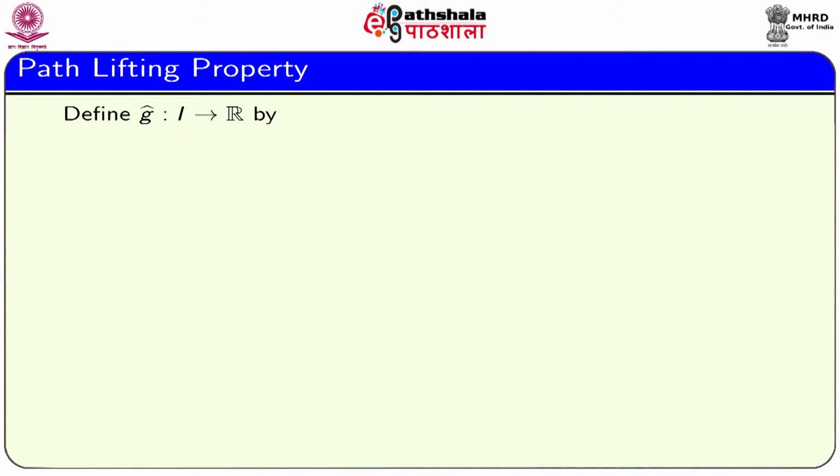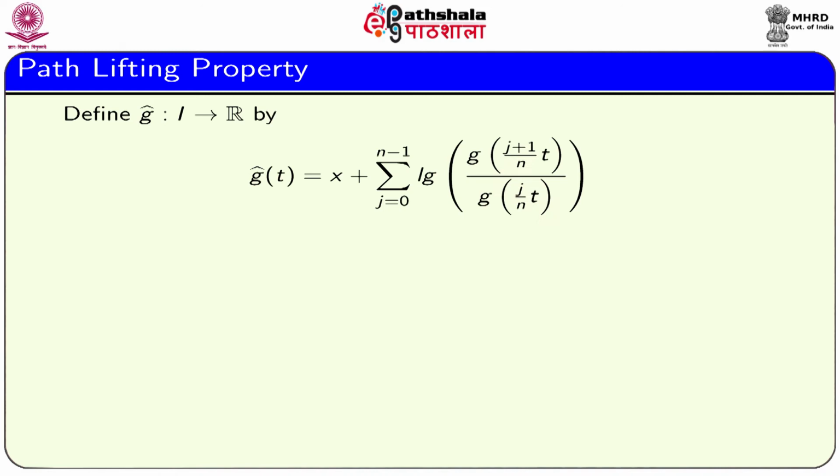Now we define g cap from I to R by this formula: g cap t is equal to x plus the summation of the inverse of the exponential evaluated at that point, g of (j plus 1) by n t by g of j by n t.